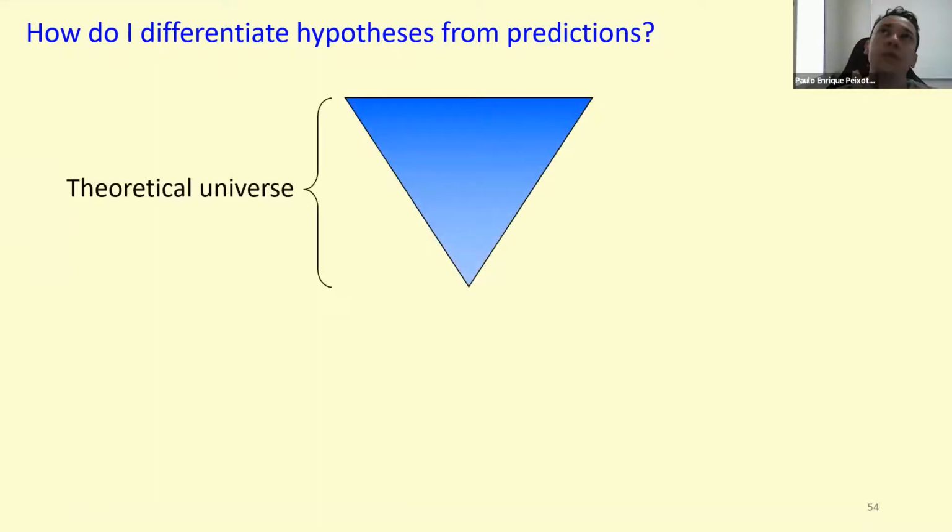Okay, if I could draw a manuscript, if I could draw a figure representing a study or research article, I would start with this inverted triangle, okay? That basically represents the introduction of most articles.